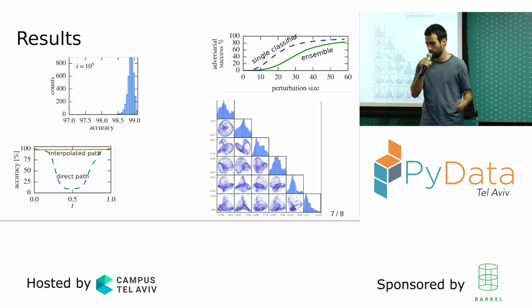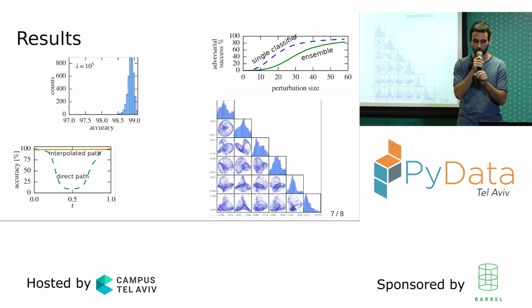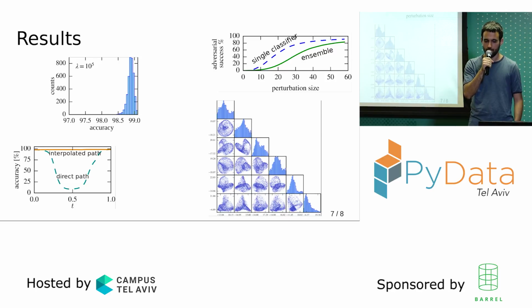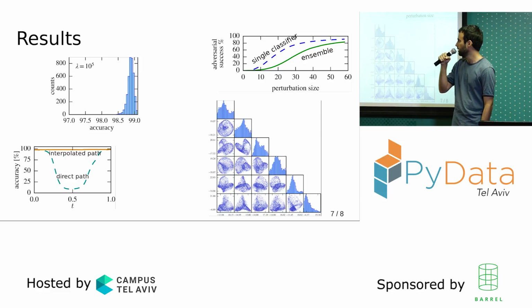Another thing is, using the ensemble, I got better immunity to adversarial examples, which also indicates that there's diversity here. And one last thing, to probe this space of weights which I can generate, I could use PCA, principal component analysis.